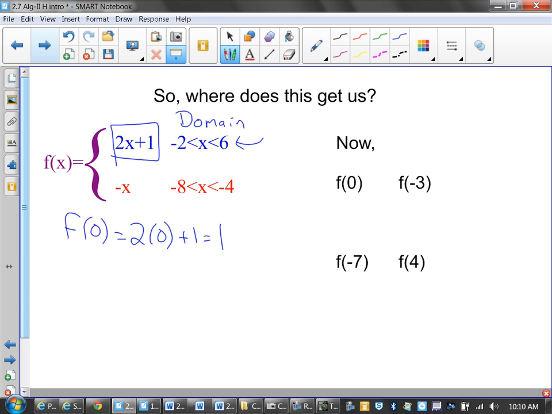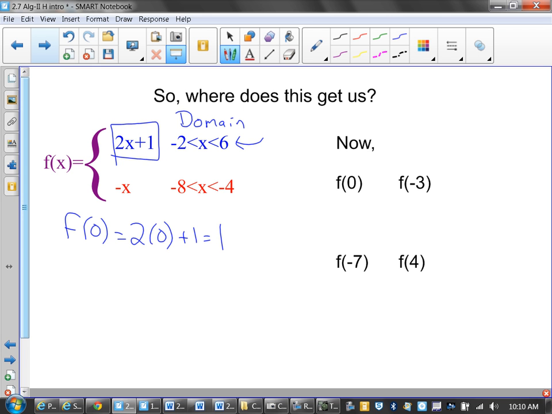Why do we put it into the top one? Because this is my x value, that is my domain. These are domain specific. Which one does the 0 fall into? It falls into the first equation. So that's why I use the 2x plus 1.